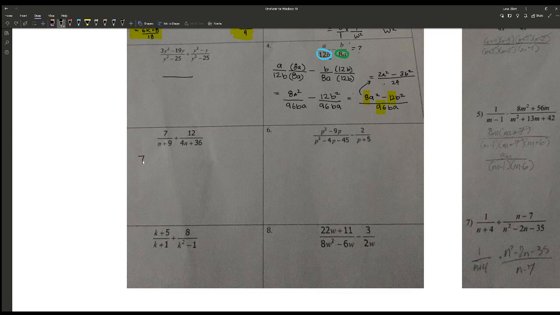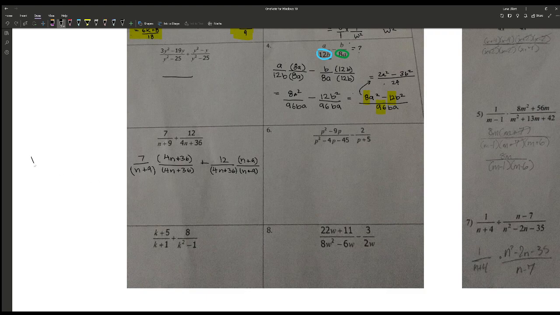So we have 7 over n plus 9 multiplied by, I'm just going straight into it, 4n plus 36 over 4n plus 36, plus 12 over 4n plus 36 times n plus 9 over n plus 9. And that will give us, let's multiply this into our bracket.